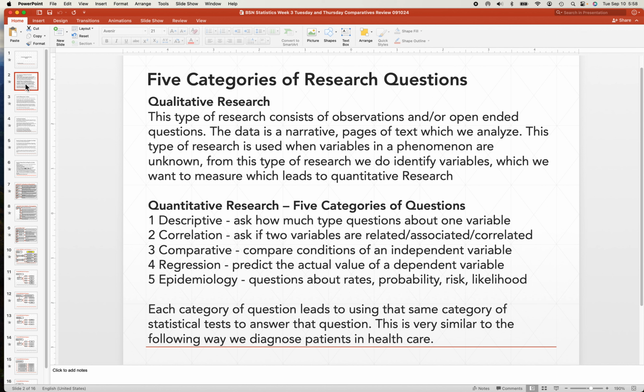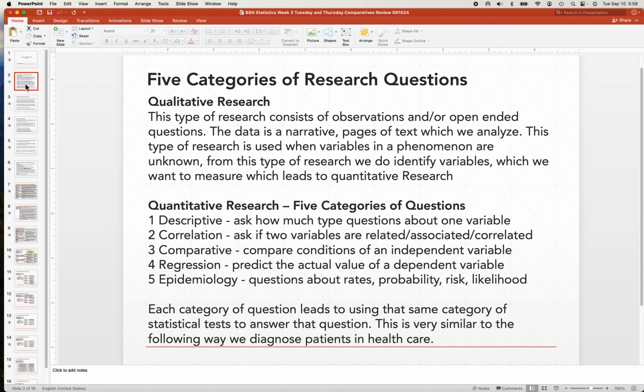And finally, we get up to a level of study that I refer to as epidemiology. Epidemiology is its own discipline. It does use many of the tests in these other groups, but there are tests that we almost exclusively use for epidemiology. That's when we ask questions about rates, such as infection rates, when we ask questions about probability, risk or likelihood, or what are the odds.